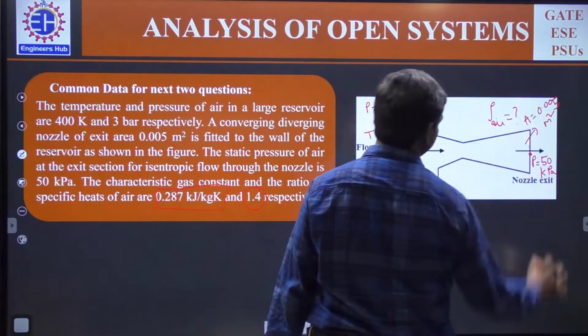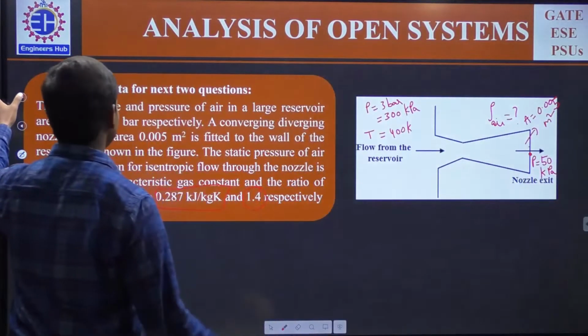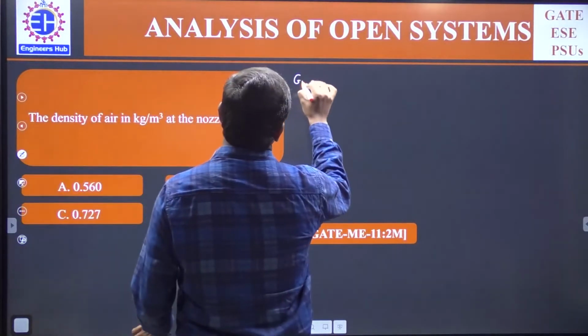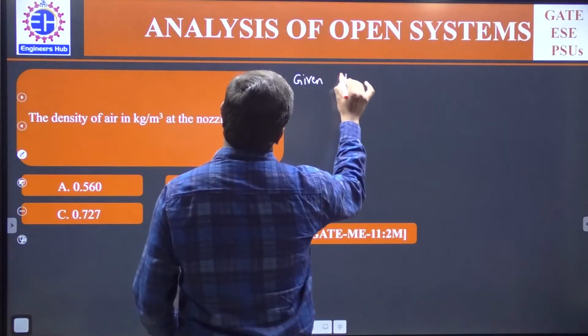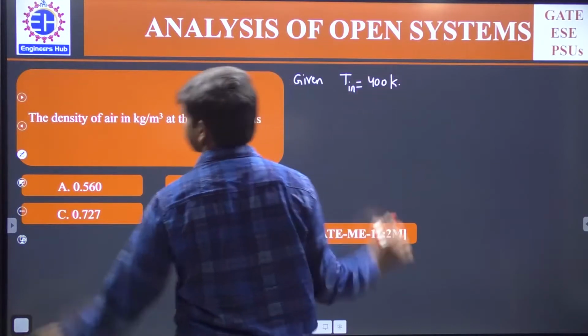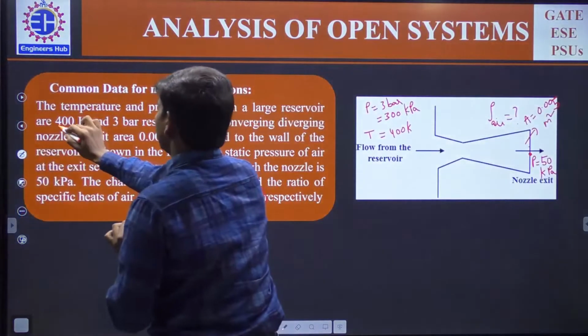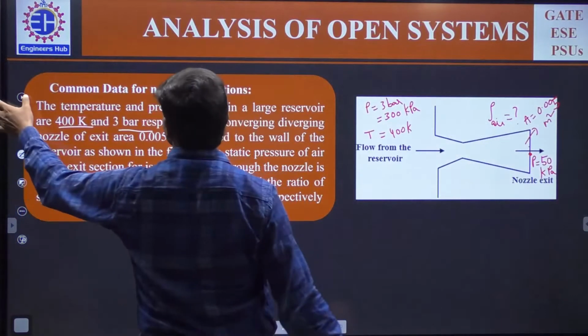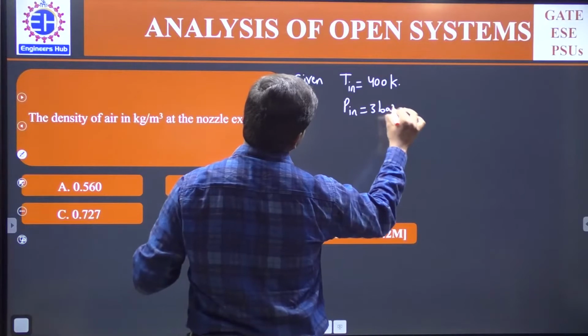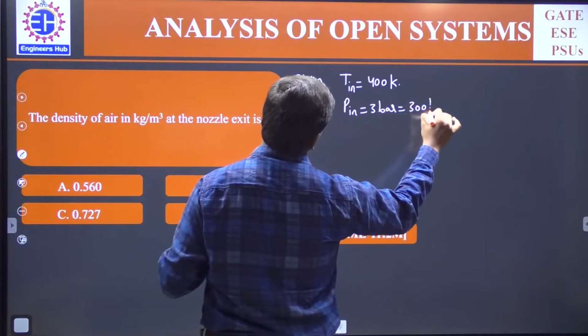Density of A at the exit. So let us write the data once. Given T inlet is equal to 400 Kelvin, and 3 bar respectively. So P in is equal to 3 bar, which is equal to 300 kPa.